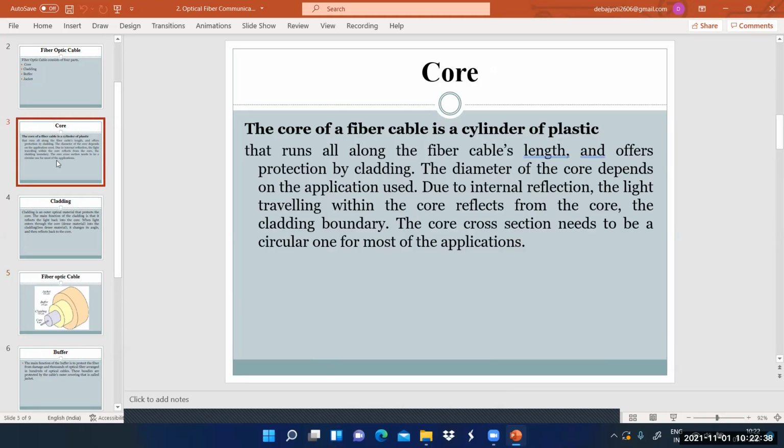The cladding is protecting the core, and the diameter of the core depends on the application used. Due to internal reflection, the light traveling within the core reflects from the core-cladding boundaries.